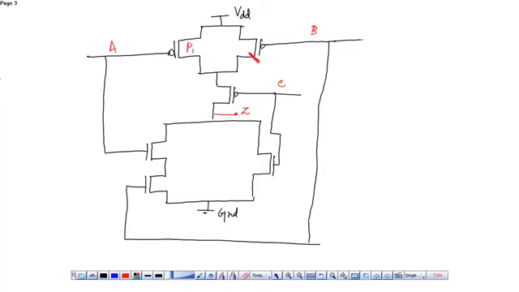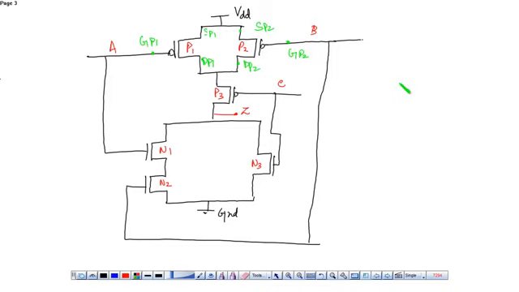So this is P1, P2, P3. This is N1, N2, and N3. This is the source of P1, the drain of P1. This is the gate of P1. This is the source of P2, drain of P2, and this is the gate of P2.